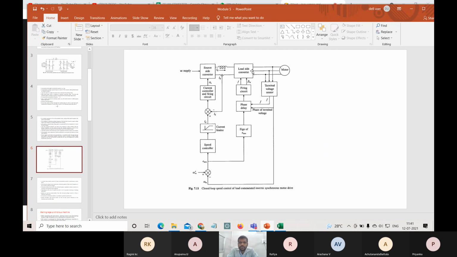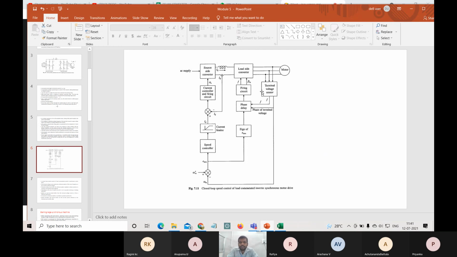For these two converters, we need to supply firing angles in order to turn on the thyristors. These firing angles will be supplied by the current controller firing circuits. So there are different firing circuits, 1 and 2, followed by the delay angles, the current limiter, the speed limiter, the phase delay, and then the terminal voltage sensor.